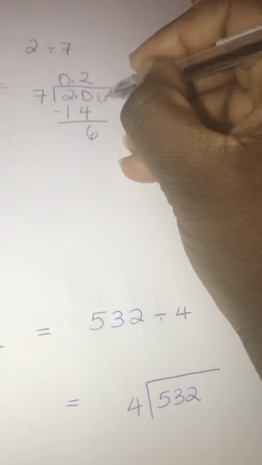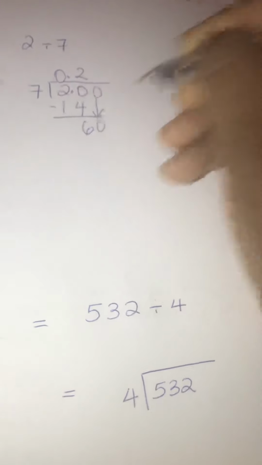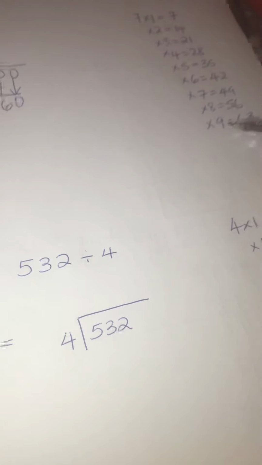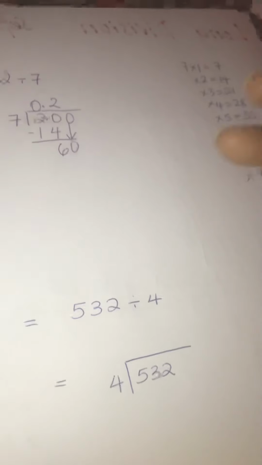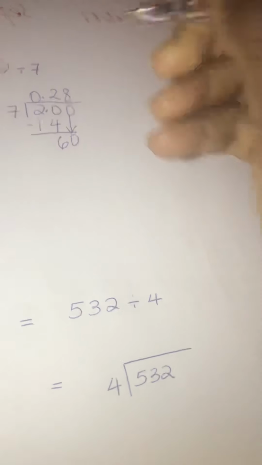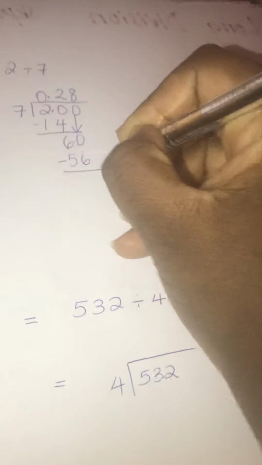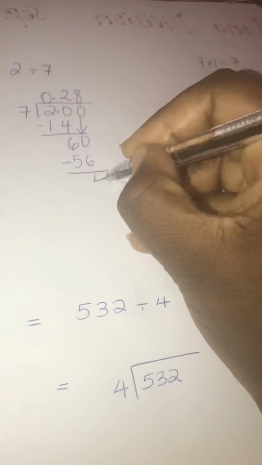Since I have a remainder, I will bring down a 0. Can 7 go into 60? Yes. 7 can go into 60 8 times to give me 56. 60 minus 56 is 4.